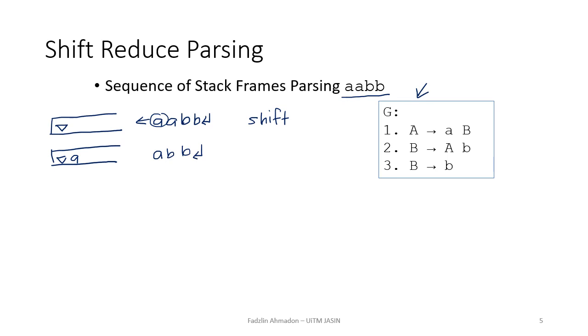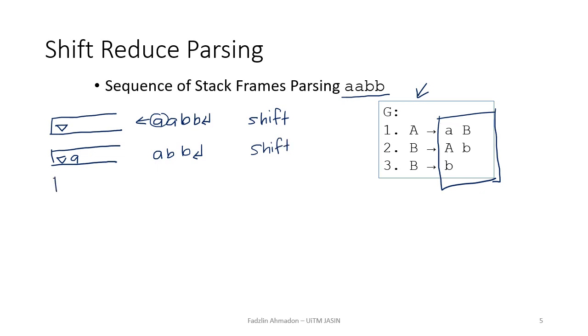Next, we look at the symbol on top of our stack. Currently it is a single A, and we compare it with the right side of our grammar. Since we do not have any single A at the right side of our grammar, it means we cannot do a reduce operation yet. So we need to do another shift operation.